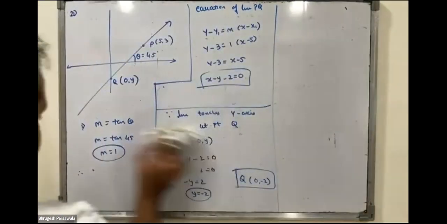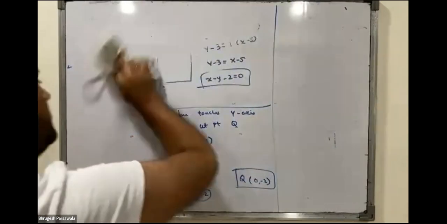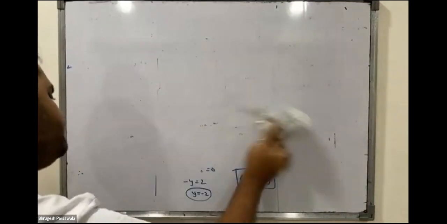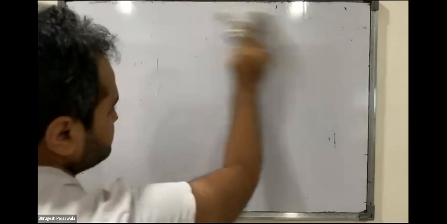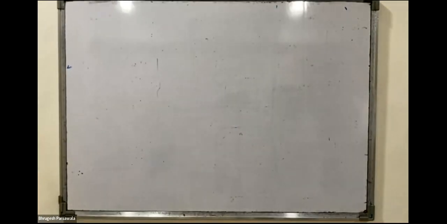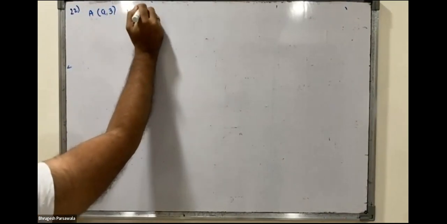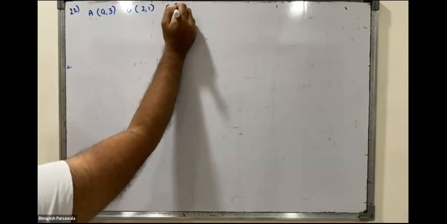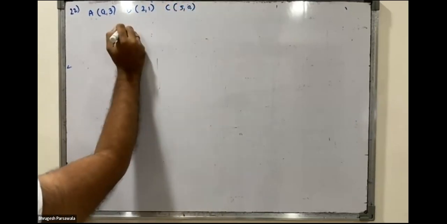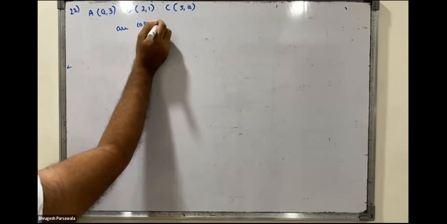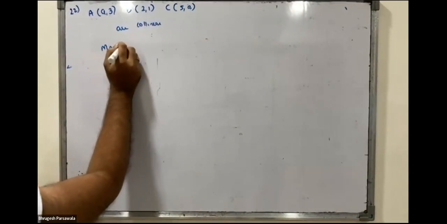Three more sums, beta. They have mentioned A, B, and C are collinear. Beta, collinear means slope of AB equals slope of BC.